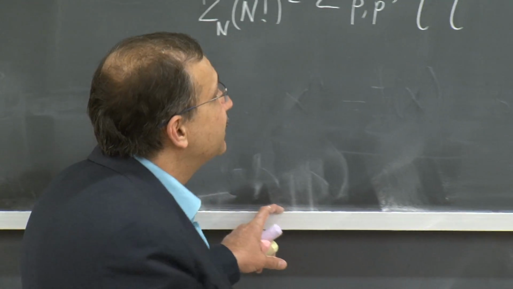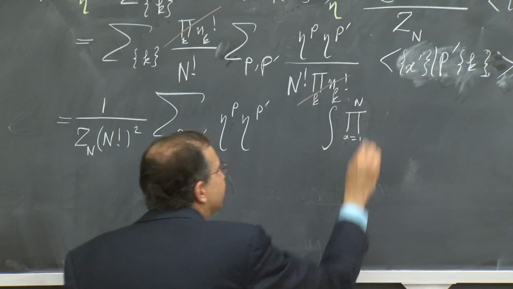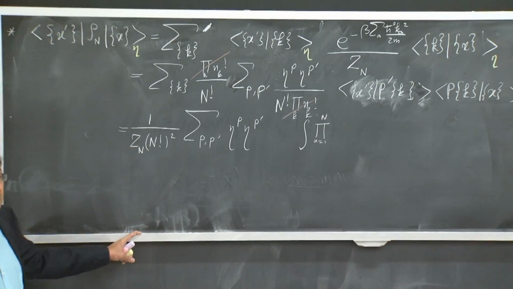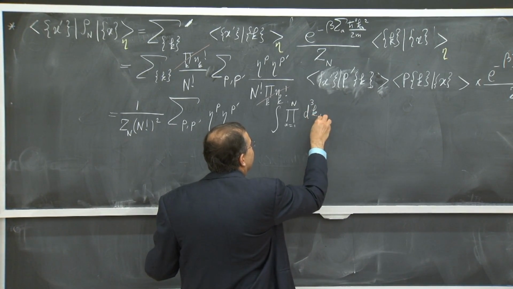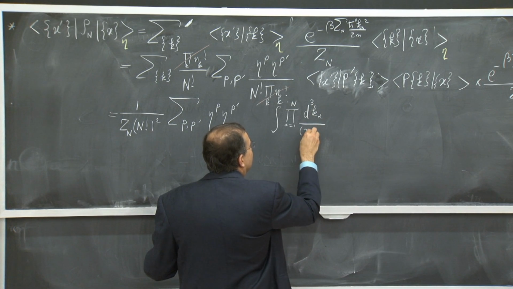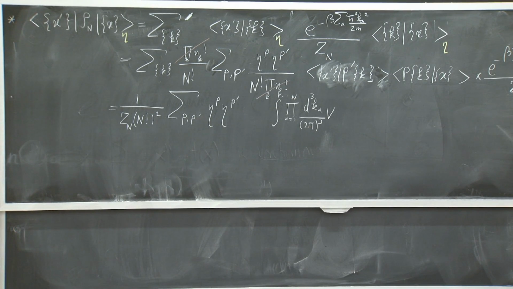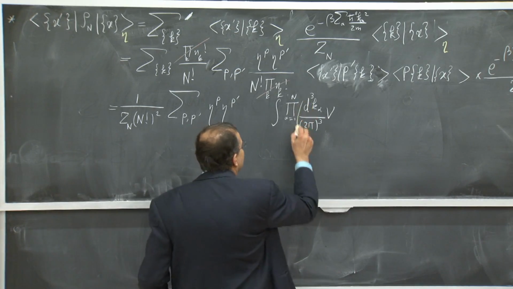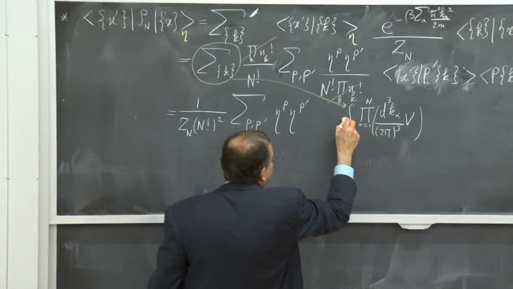Since it is unrestricted, I can integrate independently over each one of the k's, or sum over each one of them. When I sum, the sum becomes the integral over d cubed k alpha divided by 2 pi cubed, v, basically the density in replacing the sum over k alpha with the corresponding integration. So basically, this set of factors is what happened to that.